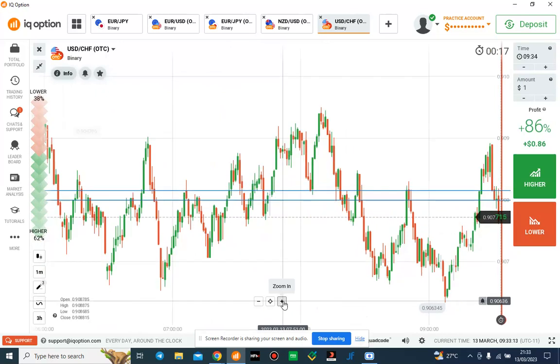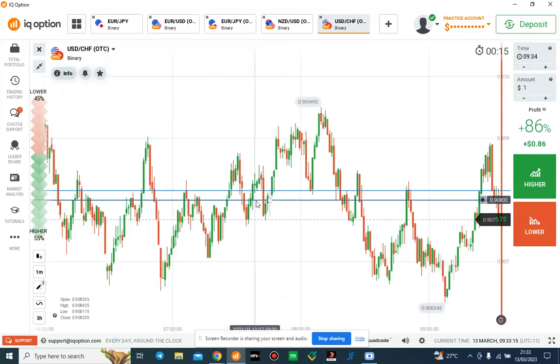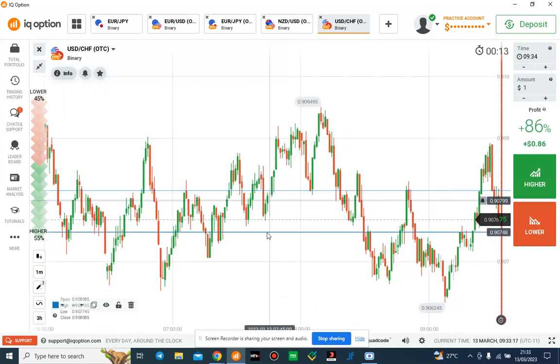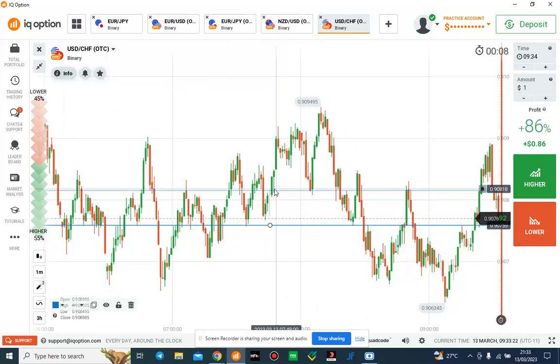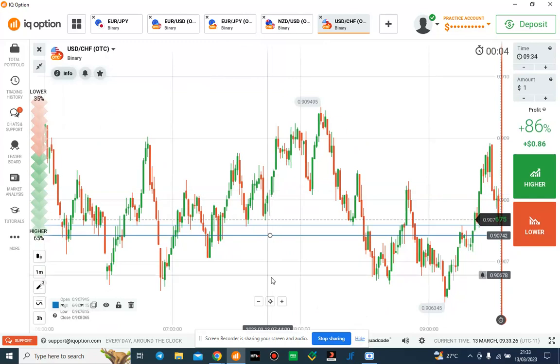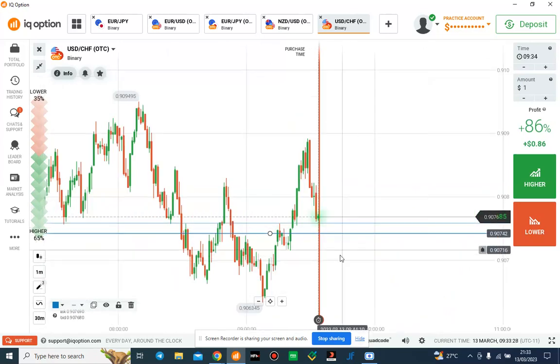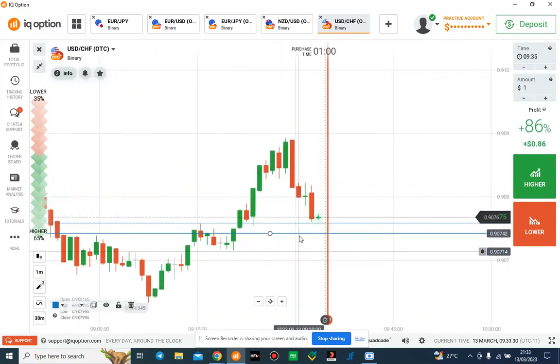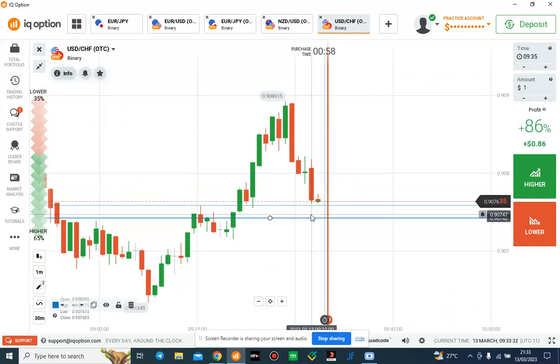Okay, I think I can draw it here. Here's the support right here and bam. So which means that the next support area is right here.